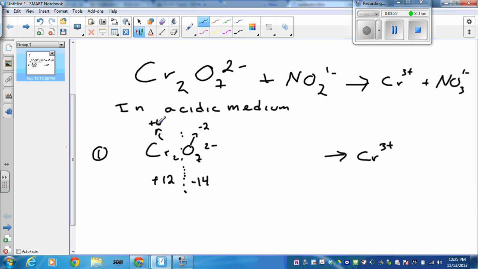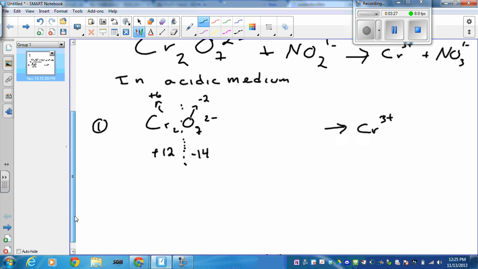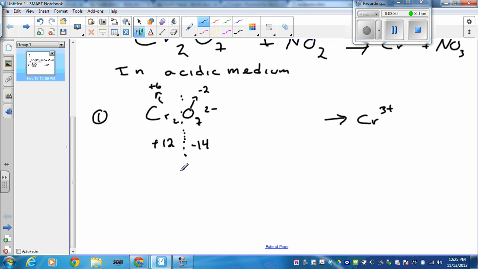So we've managed here to identify those pieces where we can take a look at the identification of parts. So now we notice that the chromium has gone from a +6 to a +3. We also notice that there are 2 chromiums here, which means that to balance the issue of elements, we have to have 2 atoms of Cr3+ over there. So we've taken care of that part. But we do have to recognize, again, also the change in electrons.